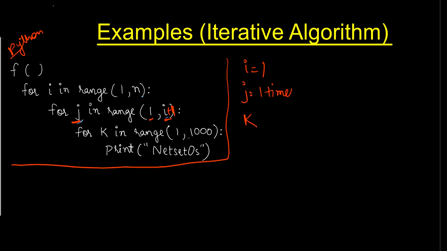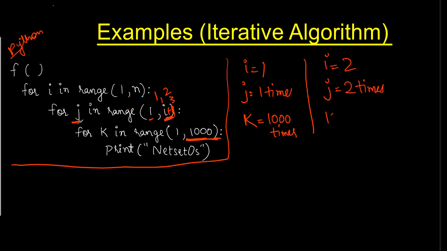And as k is independent, it will run for 1000 times. Now for i is equal to 2, i will become 3 here. So it will run for 1 time, then 2 times. So we can say j is running for 2 times. And this time k will run 2 into 1000 times.